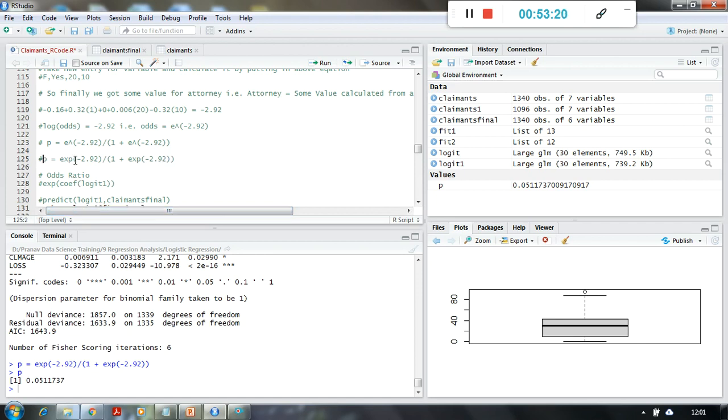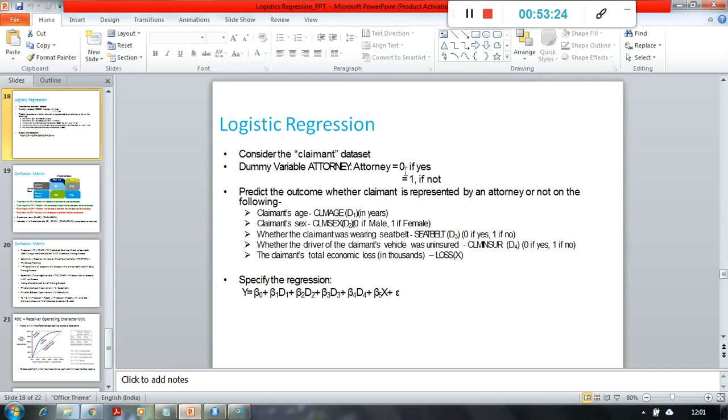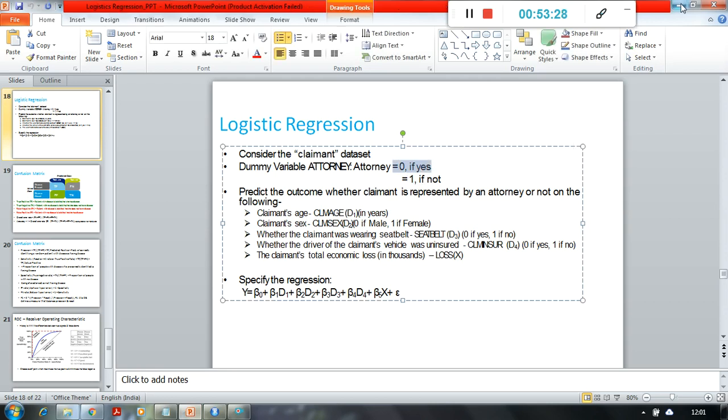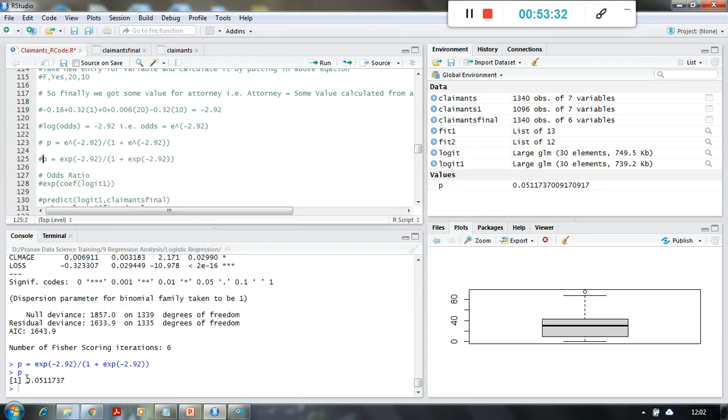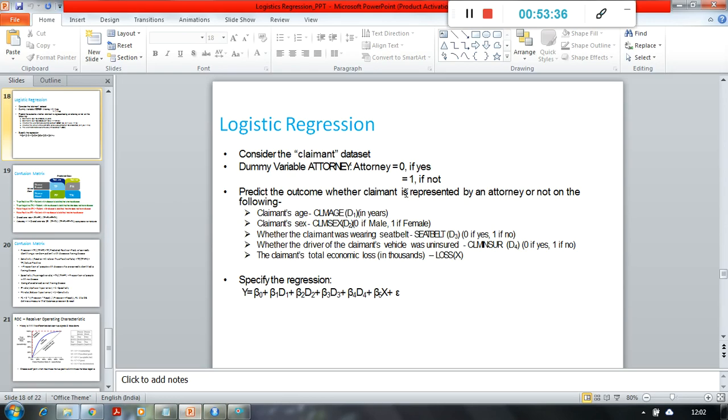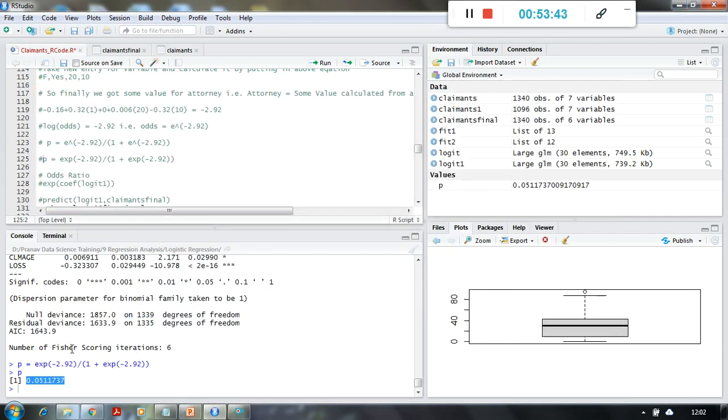Now again we have to check 0 for yes and 1 for no, and what we have said is that the probability is always associated with class 1, which means my class 1 over here is she is not going to hire an attorney.